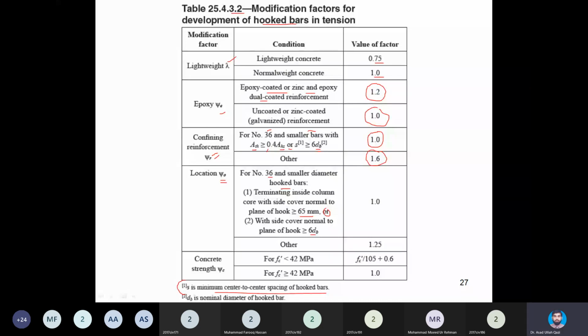So if the first is present, you can select 1, and if the second is present, you can also select 1. If not, other cases will come into action, and a 25% enhancement is then recommended.